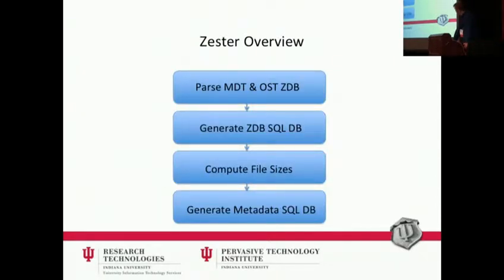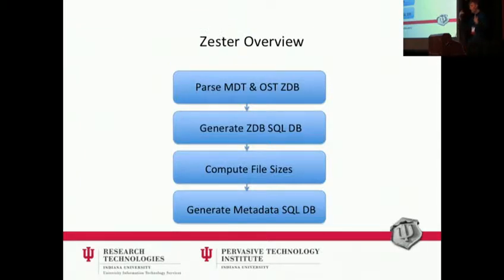So this is basically how the Zester tool works. We go through and parse the MDT and OST ZDBs. We turn that representation into an intermediate SQL persistence layer, which is the SQLite I was talking about. So you have the ZDB representation essentially in SQLite.